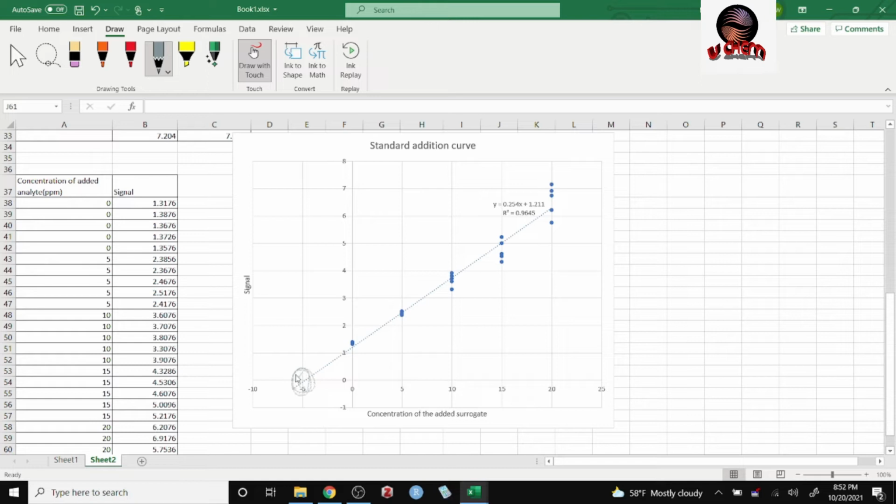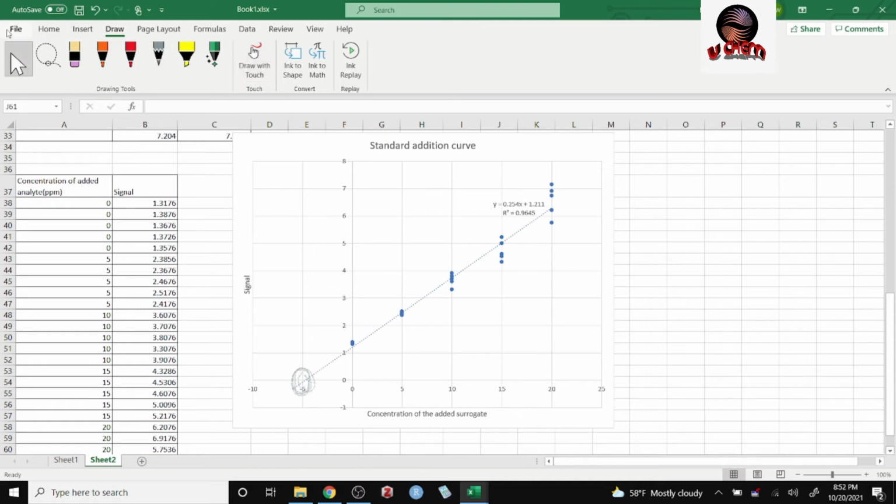So here, the intercepting point gives you the concentration of the unknown solution. If you know what we did, we are doing the standard addition method to get the unknown concentration.